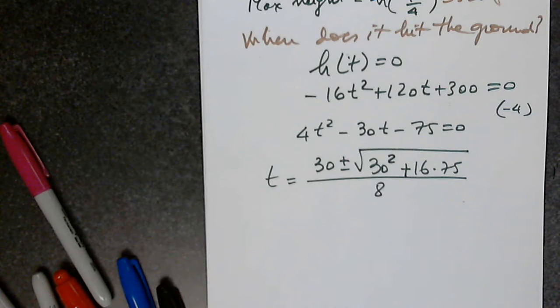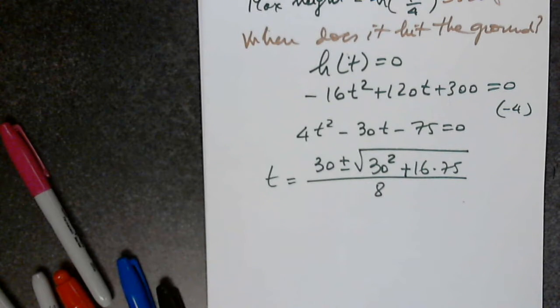Don't forget to put parentheses around the top. Parentheses 30 plus the square root. In parentheses again, 30 squared, and then plus 16 times 75. Close the parenthesis for the square root, close the parenthesis outside, and divide everything by 8.